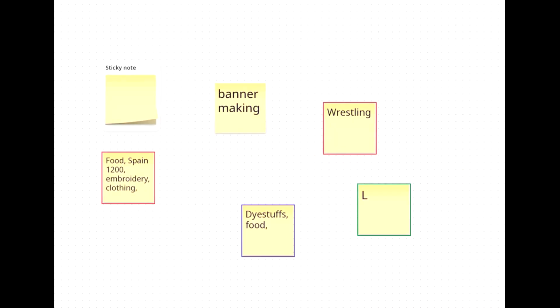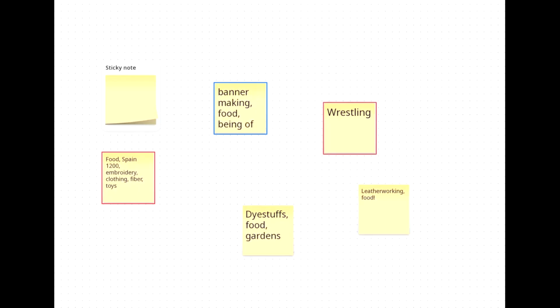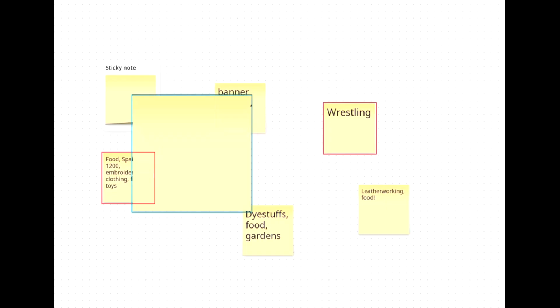It looks like we got a pretty good spread, yeah. Okay, looks like we've got a lot of neat stuff here, right?